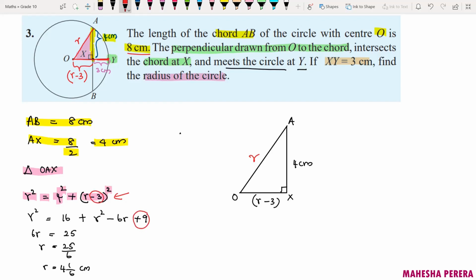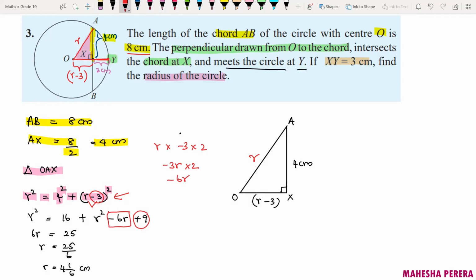Then you should multiply these two terms and again multiply by 2: R times minus 3 times 2. R times minus 3 is minus 3R, times 2 means minus 6R. So it should be minus 6R.